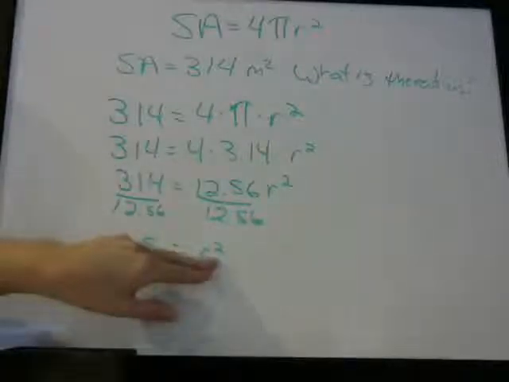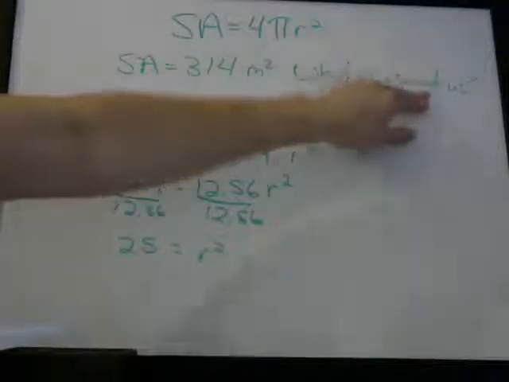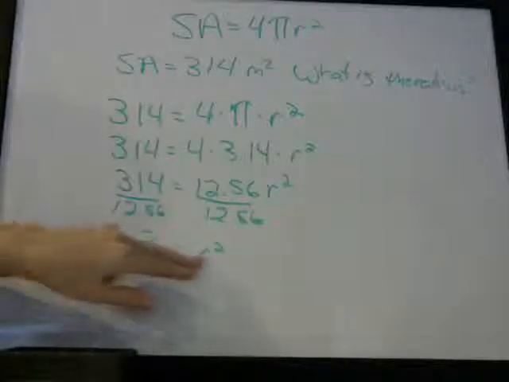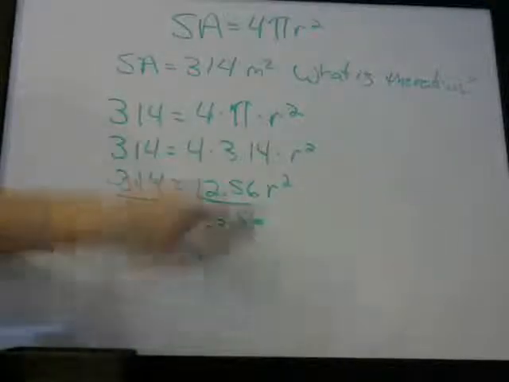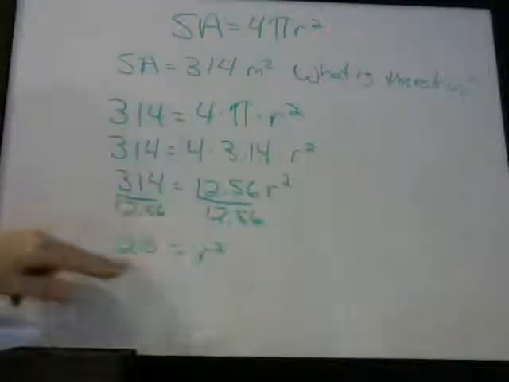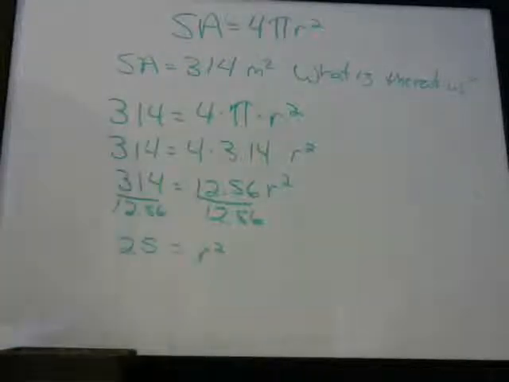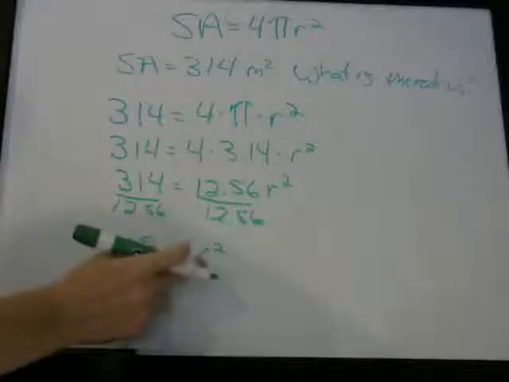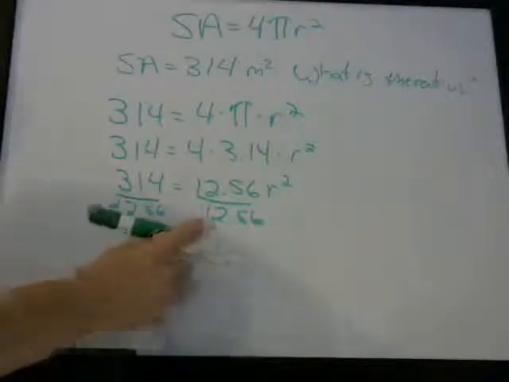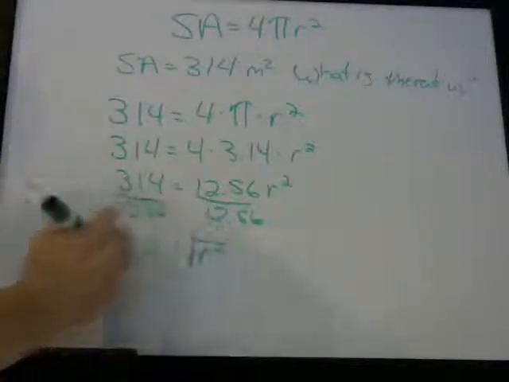But we don't want r squared. It wants to know what the radius is, not radius squared. So be careful about that. You're not done here, because this is radius squared. You just want the radius. So how do we get the radius when we have r squared? Well, to get r by itself, if it's r squared, you take the square root of r squared.